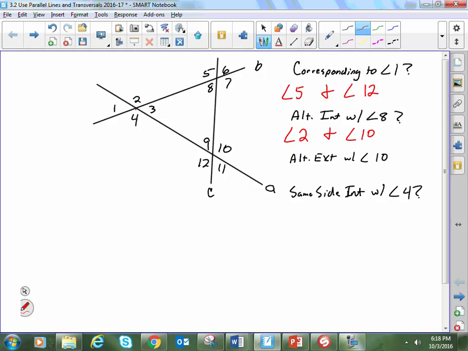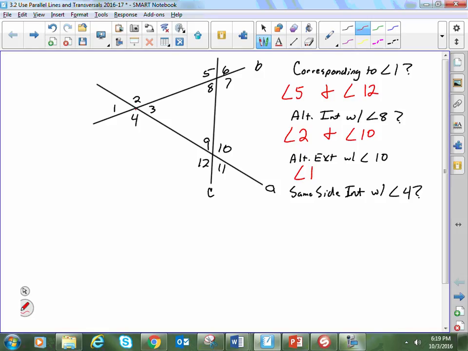So that leaves us only line A as a potential transversal line. And here we're only going to be able to identify one angle that would be considered alternate exterior with angle 10, and in this case, it would be angle 1. Because they are both exterior to lines B and C, and they are on different sides of the transversal line A.